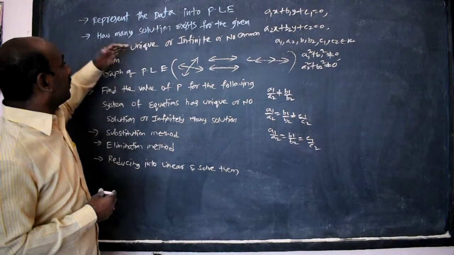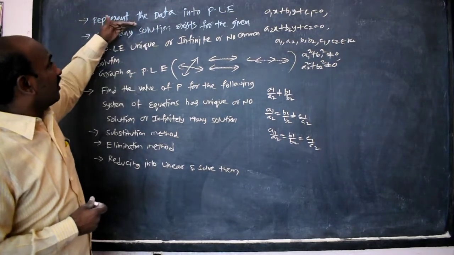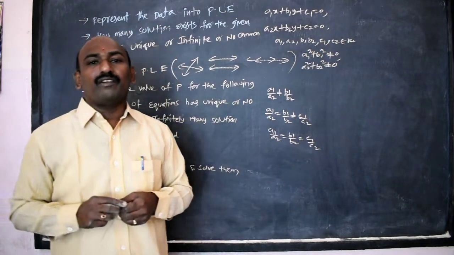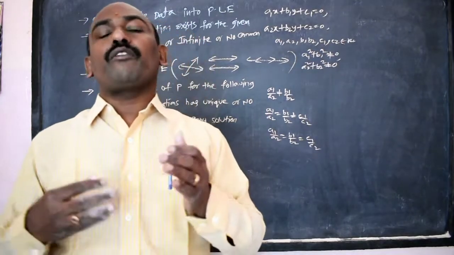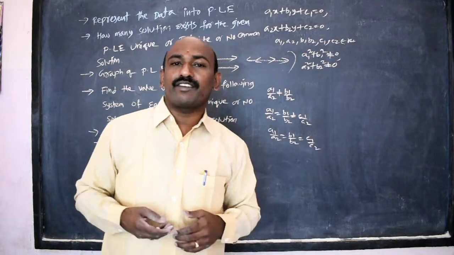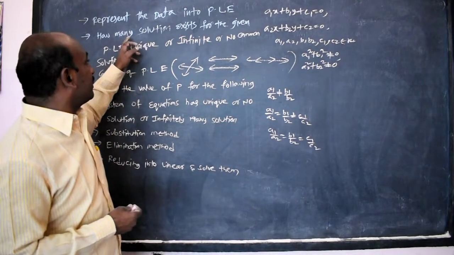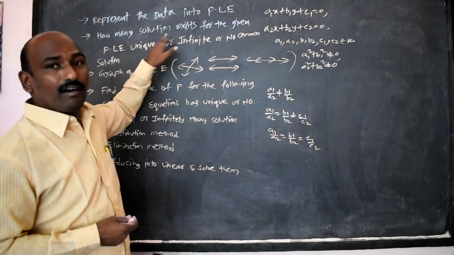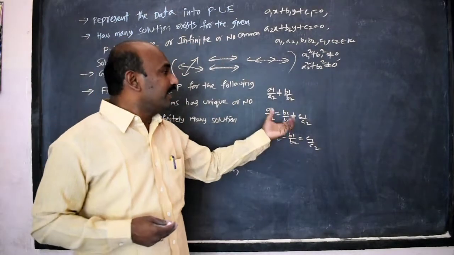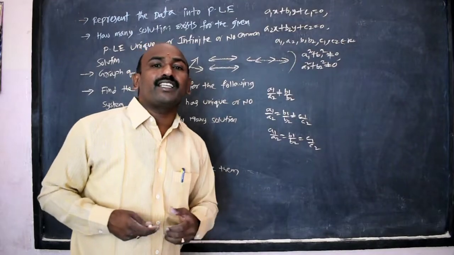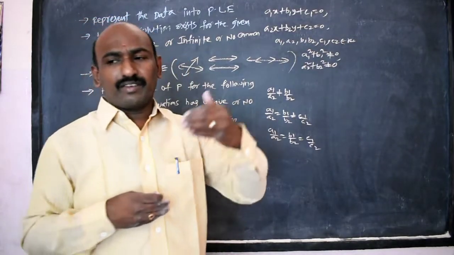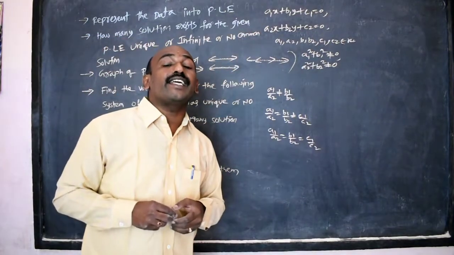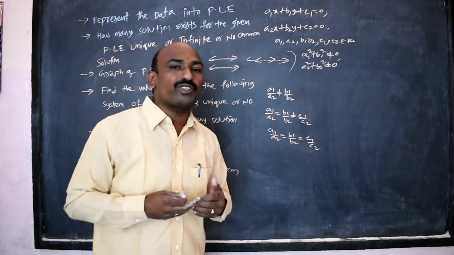Then the first situation is to represent the data as a pair of linear equations in 2 variables. Whatever the word problem is, we need to frame it in the form of a pair of linear equations in 2 variables. Next is how many solutions exist for the given pair of linear equations: unique, infinite, or no common solution. Here we convert the 2 equations into standard form and check the ratios a1 by a2, b1 by b2, c1 by c2.